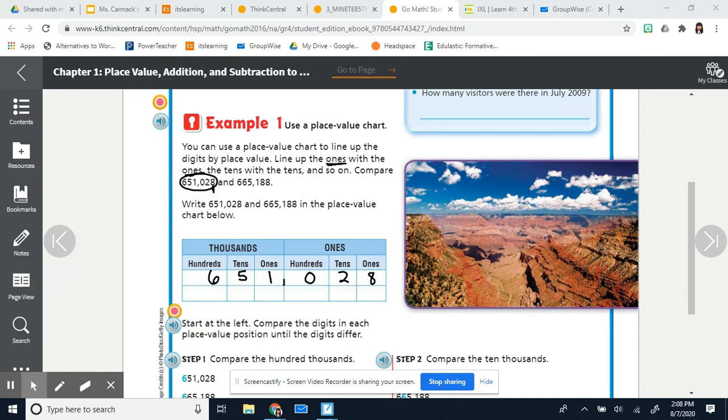Okay, now I'm going to line up my second number, 665,188. Okay, so once again, I'm going to start with the ones place, which is this 8 on the very right. I'm doing a different color so that way we can see it. Okay, and then we have the next 8.